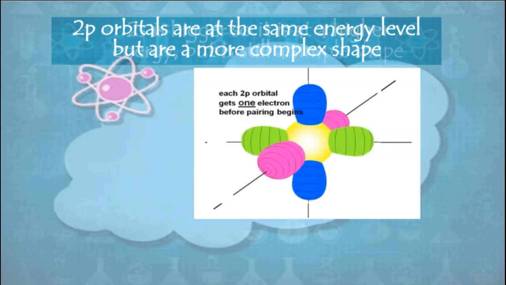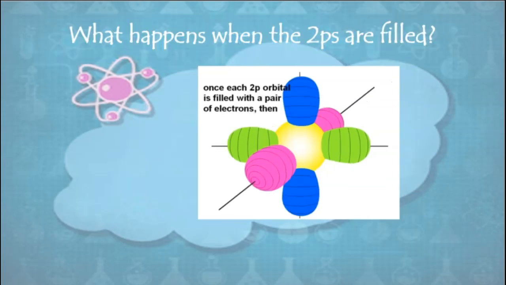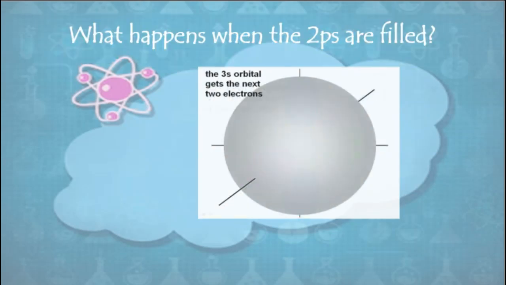Once the 2p's are finished, and if you just walk your fingers across the periodic table, you're going to say, okay, look, I'm going all the way to the end of the 2's. And when I get done with the end of the 2's, guess what I'm going to have to do? I'm going to have to fill the 3's. And the 3s orbital is just like the 1s and the 2s.